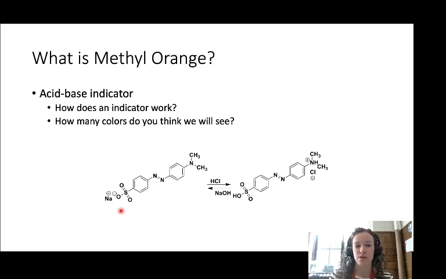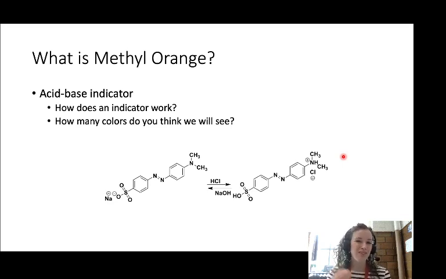What happens, though, when we have protonation, either at the acidic functional group, such as over here, or if we have protonation at the more basic functional group, which happens over here? The electronics of the conjugated system changes.